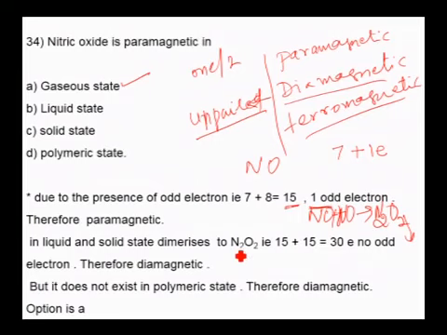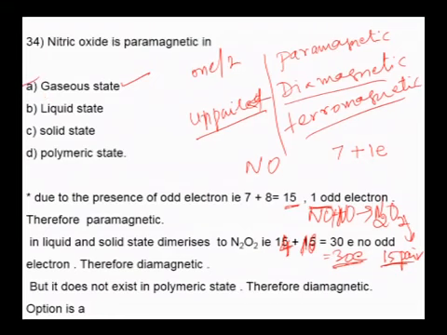See here, 2 nitrogen atoms: 7 plus 7 is 14, and dioxygen, 8 plus 8 is 16. So 14 plus 16 is equal to 30 electrons. On grouping into 2, it becomes 15 pairs of electrons. Therefore, in the liquid and solid state, nitric oxide is diamagnetic. Therefore, the correct option is A.